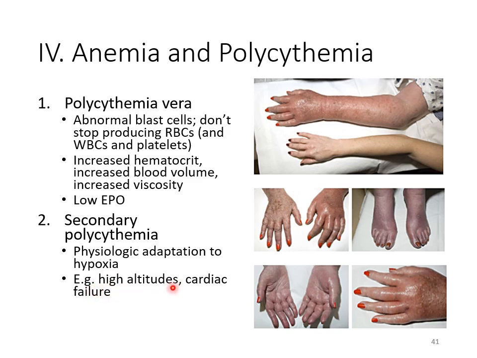So perhaps to adapt to that environment, the body is forced to produce more red blood cells. Or maybe you have cardiac failure. The heart can no longer pump blood very well. So one way to adapt to that is to produce more red blood cells. So it's physiologic. You have hypoxia, so you have high EPO, therefore you are producing more red blood cells. So that's your secondary polycythemia.